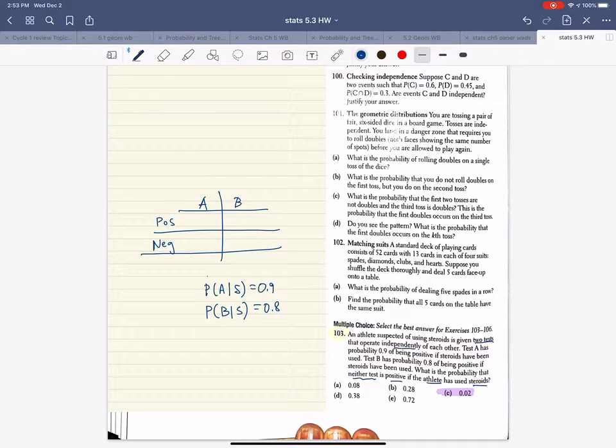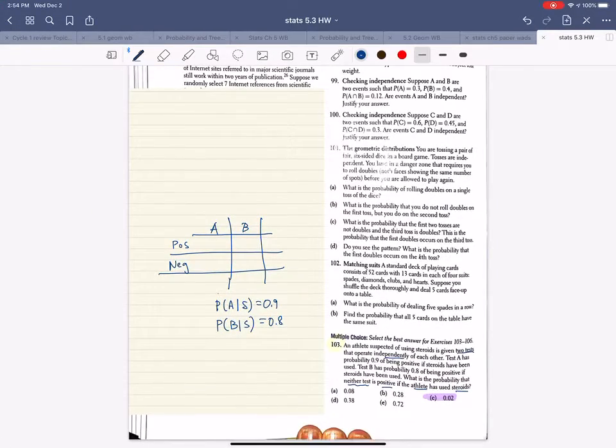Okay, so all of this is given that they use steroids, this chart. So let's see. What's the probability that neither is positive? Okay, well, hold on.